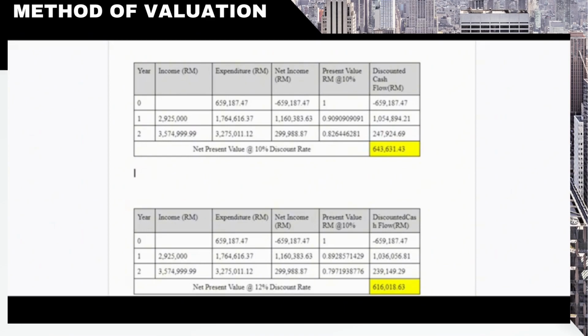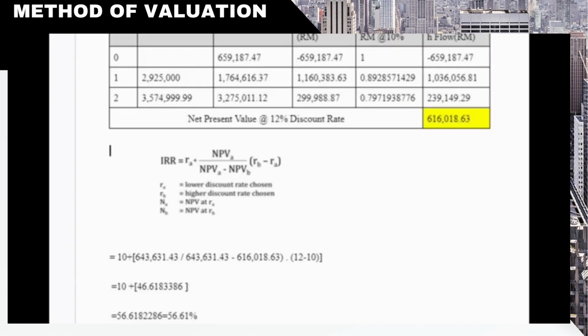Now, for the 20% discount rate, for the first year we got 1,036,056.91. For year 2, 269,149.29, and the total net present value for the 12% discount rate is 616,018.63. The total IRR that we get is 56.61%.